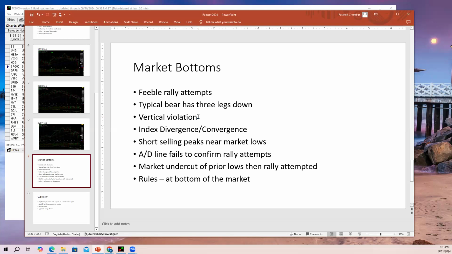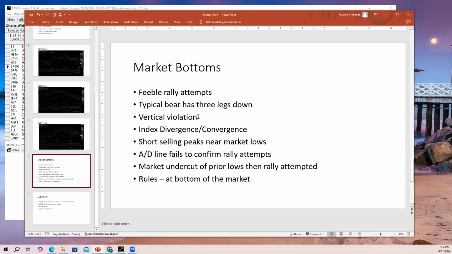Other things we can look at are index divergence and convergence. If in the rally attempts one index moves up, but it's not confirmed by the other indexes, that's usually an indicator that it's a weak rally and that the uptrend will fail. So that's just another indicator. Short selling peaks near market lows.